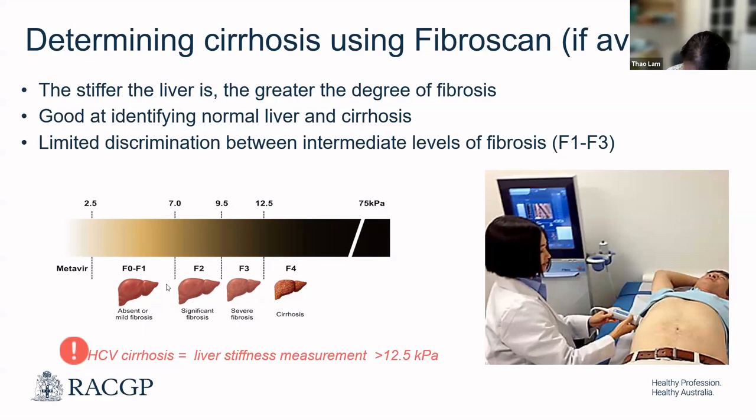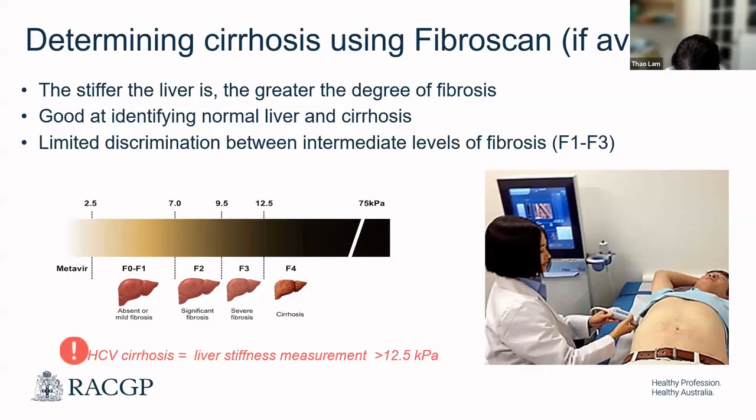It's very good at ruling out cirrhosis and also identifying normal liver, but very poor at discriminating those with intermediate levels of fibrosis. It's really important to note that other factors such as severe liver inflammation, steatosis, obesity, ascites, acute alcohol consumption, a non-fasting state, and elevated central venous pressure can actually increase the liver stiffness result.